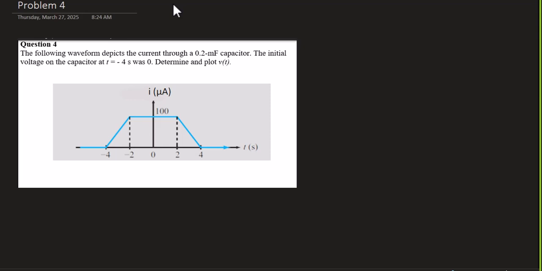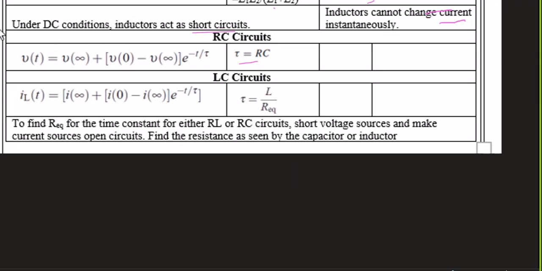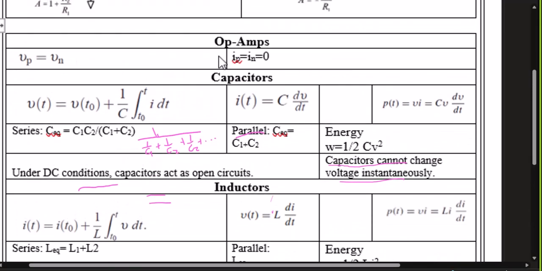So this time we're given the current and we have to find the voltage. If last time we were looking at a derivative, this time what do you think we're looking at? An integral.